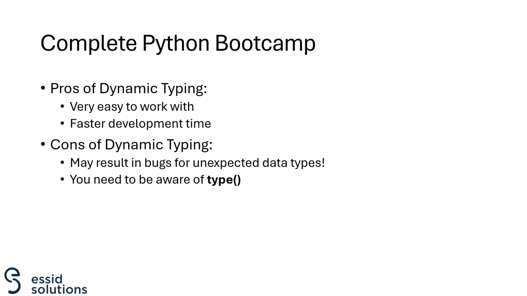However, the flexibility can lead to bugs, especially when dealing with user inputs. So it's essential to be aware of the data type as you code. You can use the built-in type function to check the data type of any variable, which we'll demonstrate shortly. Alright, let's jump into our Jupyter notebook to explore these concepts in action.